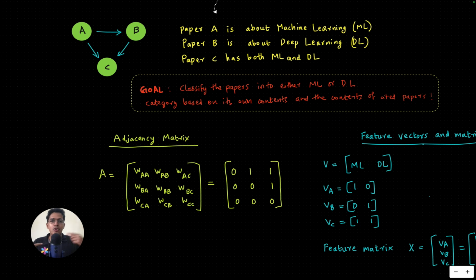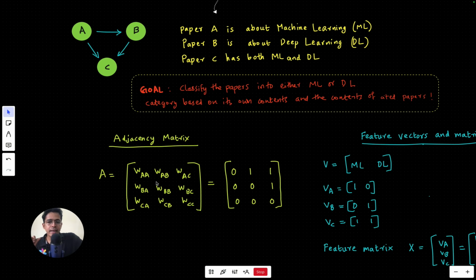So citation cannot go both ways. Paper A and B cannot cite each other. Only one thing can happen. So in this case, A is citing B, but B is not citing A, which means WBA is 0. WBA is this one, right? This one is 0, but WAB is not 0 because there is a connection from A to B.